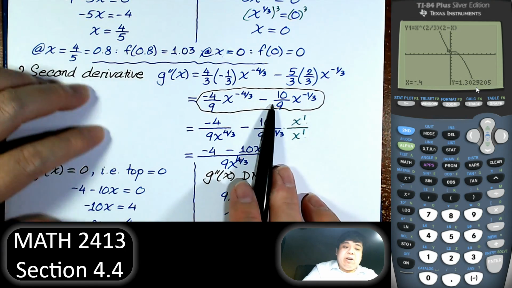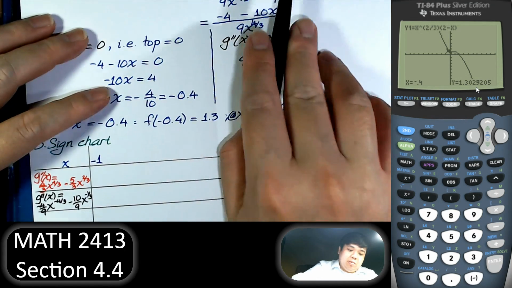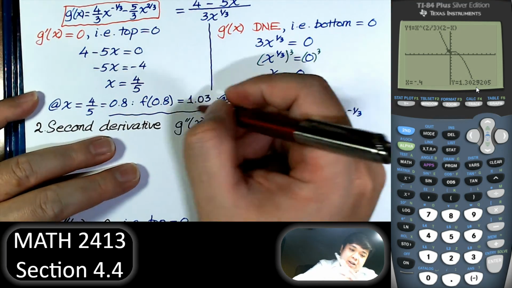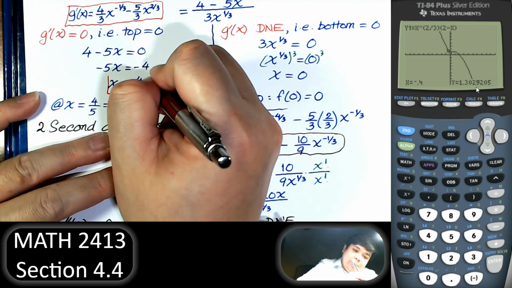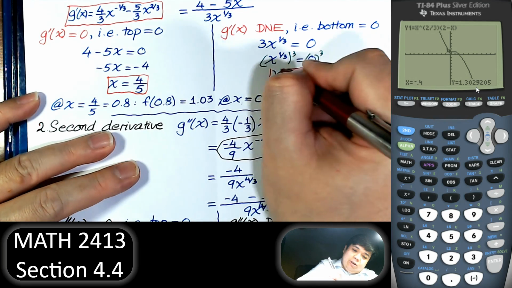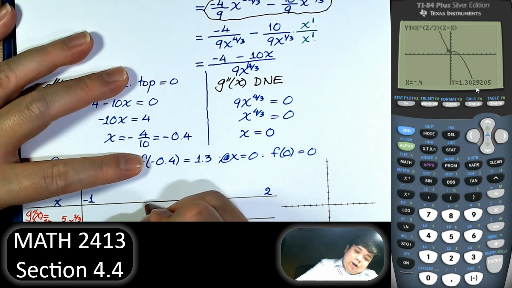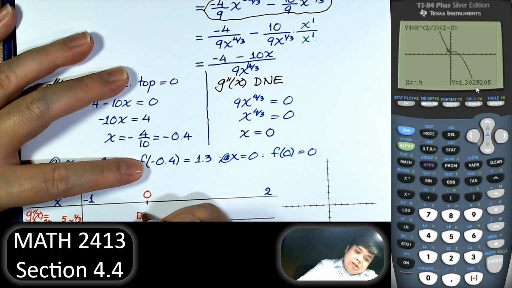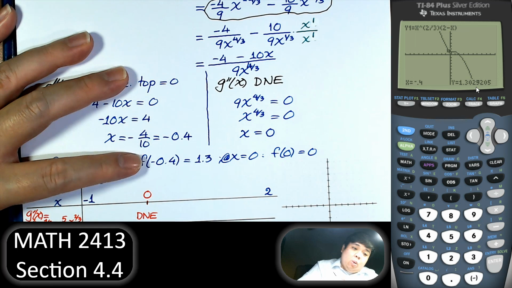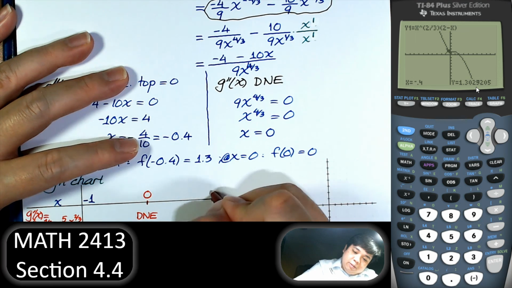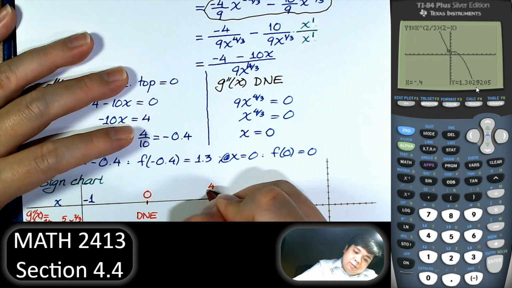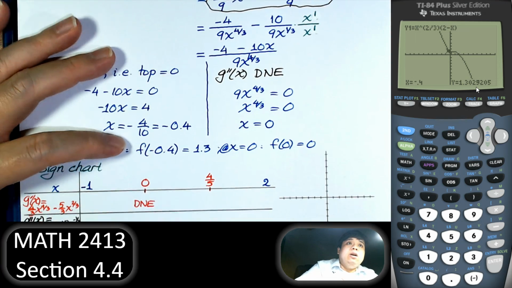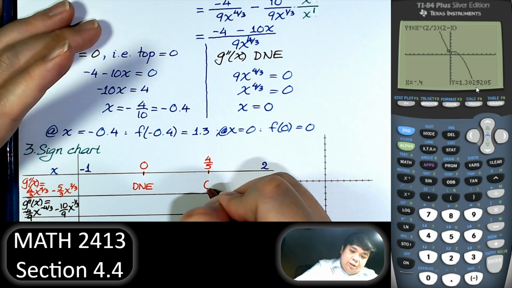That is the second derivative, and that is the first derivative. For the first derivative, what points do we have? 4/5 and 0. When x equal to 0, the derivative does not exist. When x equal to 4/5, the derivative equal to 0.